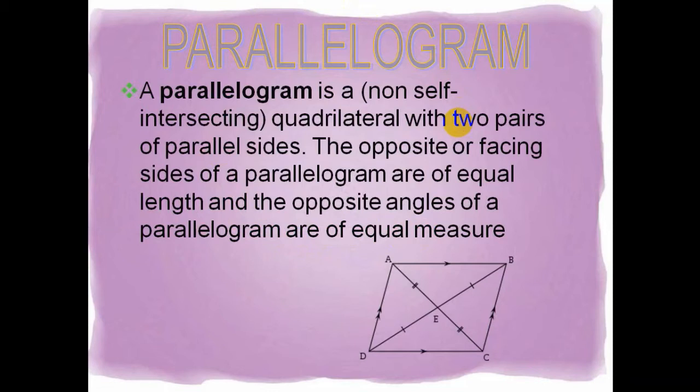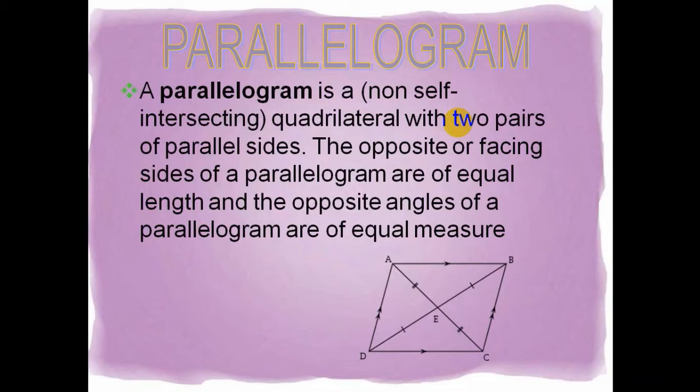There is some difference between a parallelogram, square and rectangle. A parallelogram is a quadrilateral in which the lengths of the opposite sides are equal and opposite sides are parallel, and the measures of opposite angles are equal, not necessarily 90 degrees. In a square, the lengths of all sides are equal and the measures of all angles are equal.